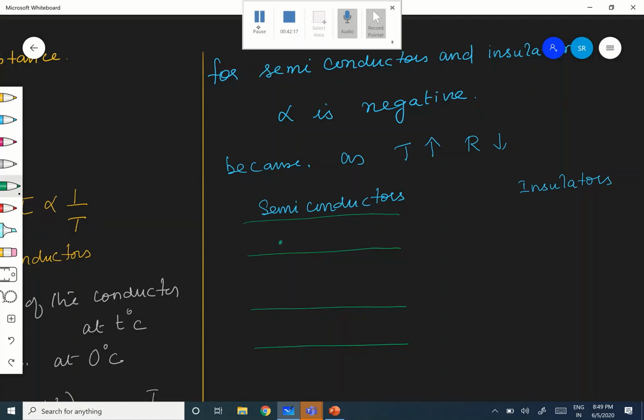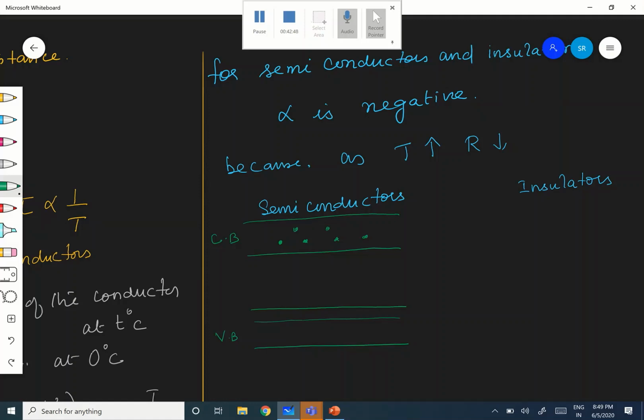Electrons will be there. It is not new to you, I know. This is the conduction band and this is the valence band. The electrons in the conduction band are the only ones responsible for conduction. How does the conduction band get the electrons?